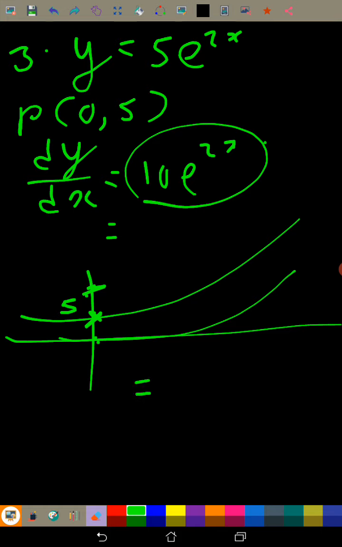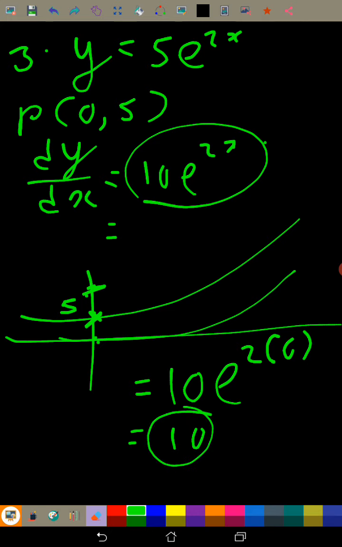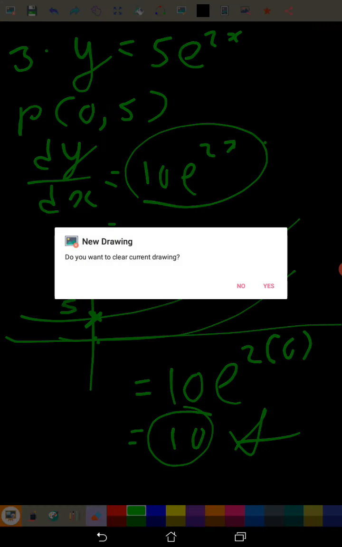And so we have 10 e to the 0, going to be 1 here, 10. I think the gradient is 10. Yes, that's correct. The gradient is 10.